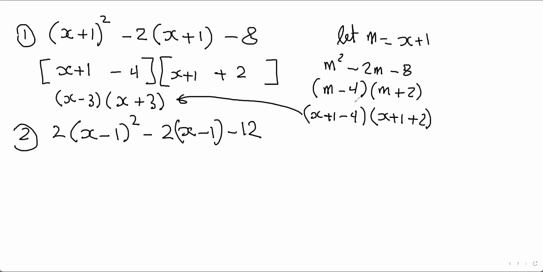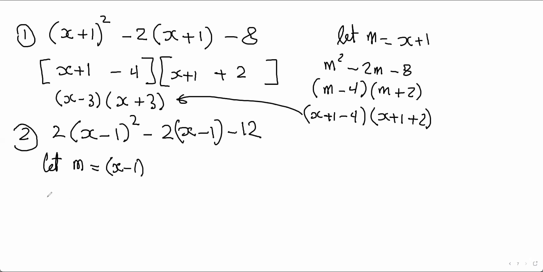Here, I think most students are more comfortable letting a variable, for instance, it doesn't matter, m, k, whatever you want to use. It doesn't have to be m, but m looks nice. Let m equal x minus 1.